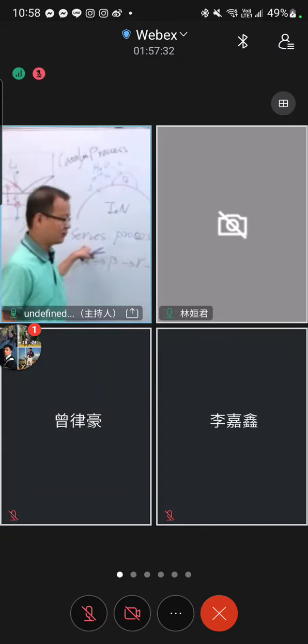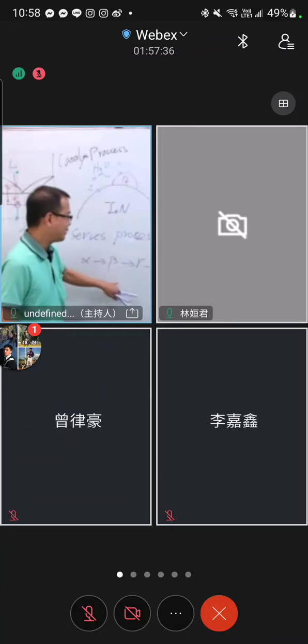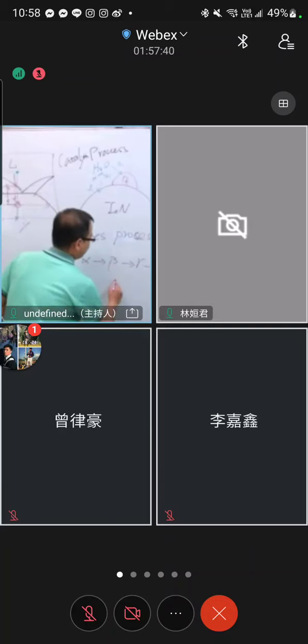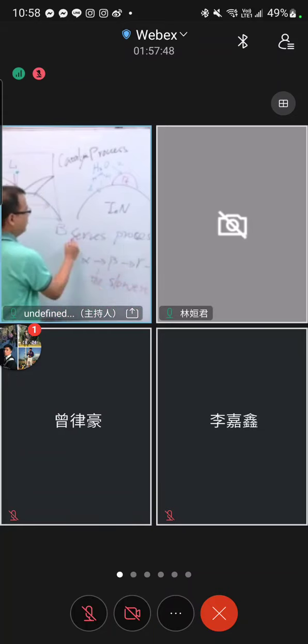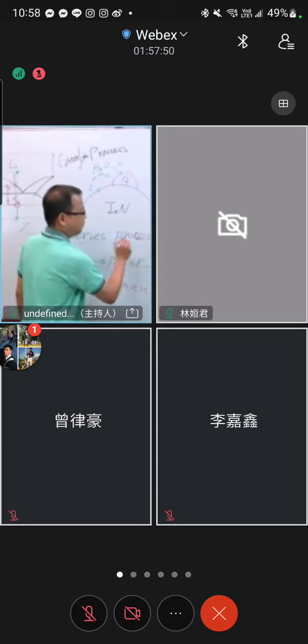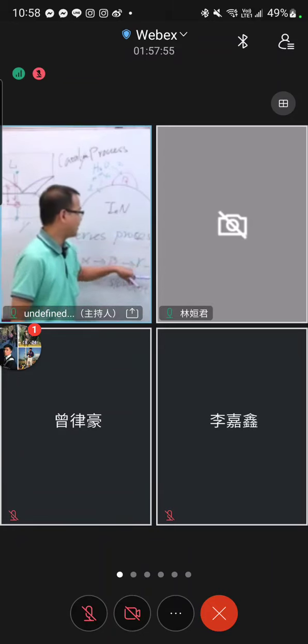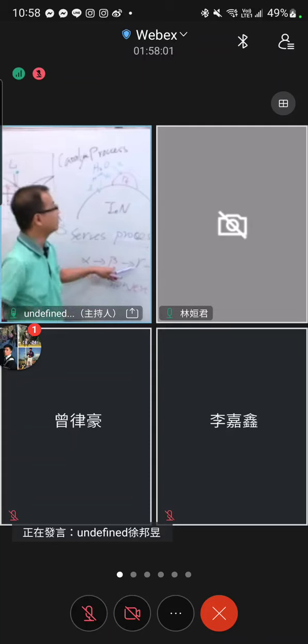Then which process dominates? Alpha to beta, or beta to gamma, or gamma to liquid? The slowest one dominates in the series process. It's all about kinetics, because you go through alpha, beta, gamma, then liquid. So the slowest one will determine the rate of your kinetic process.